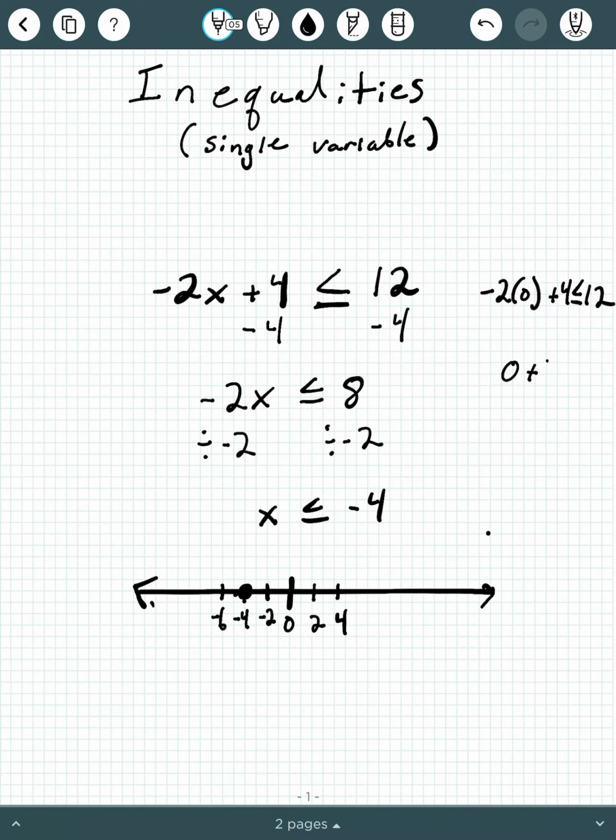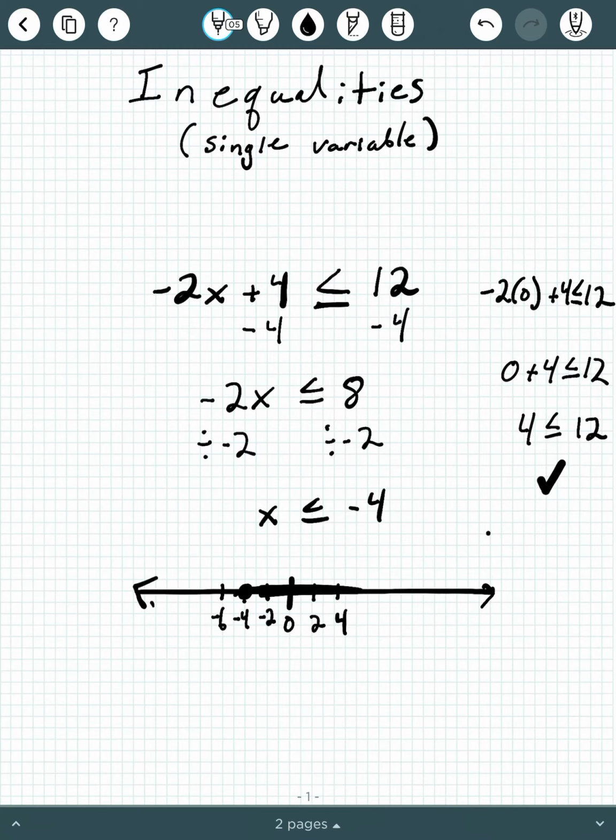Well, negative 2 times 0 is 0, plus 4, so 4 is less than or equal to 12. Did that work? Is 4 less than or equal to 12? The answer is yes, that is correct, which is tricky because 0 is to the right side of my point on the number line.